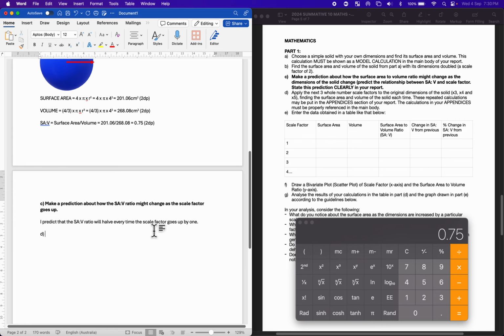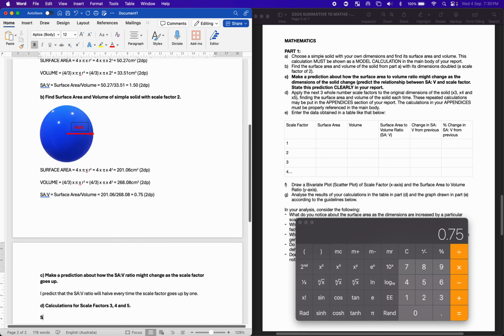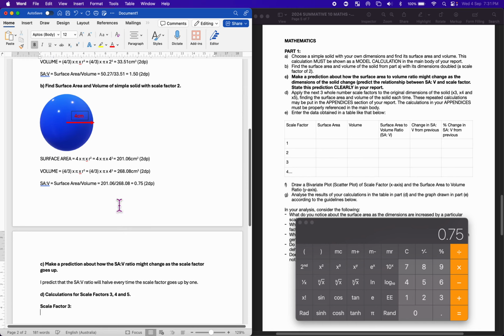So what we're going to do is call this section calculations for scale factors 3, 4, and 5. Make it bold. So scale factor 3, maths here.